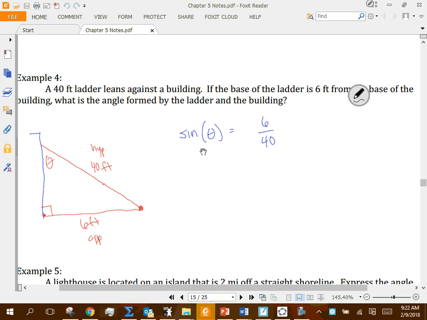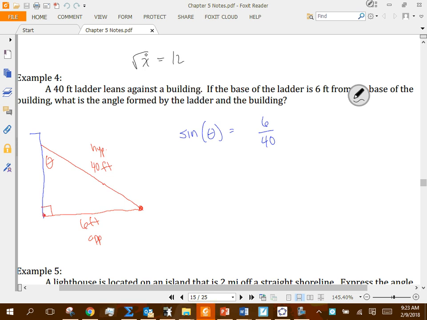But I want to solve for theta, right? Right now, this is solved for sine of theta. I can't do anything without getting that thing out of the argument. I need to pull that theta out. It's locked inside that sine function. It's like, for instance, if I had an equation like root x is equal to 12.